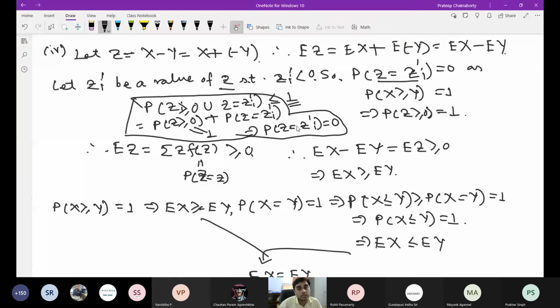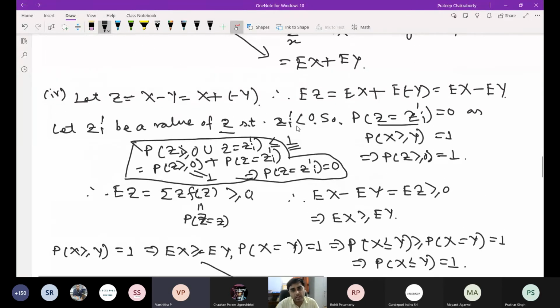Is that okay? So I have that probability of Z greater than or equal to 0 is equal to 1. Why is the first one equal to 1?